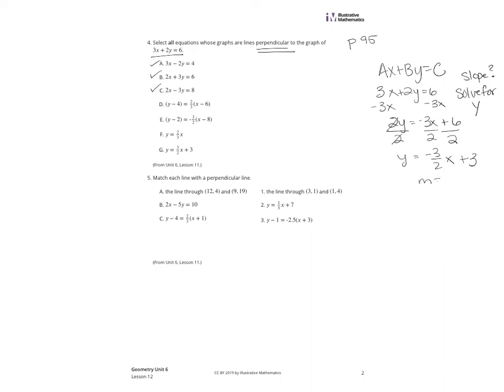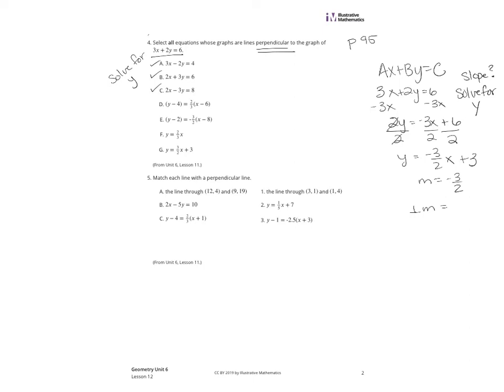So I know my slope is -3/2. I can now figure out my perpendicular slope, and I can use it to come over here and start circling all the choices that have my perpendicular slope. I am, for A, B, and C, going to have to solve for y. Please finish up this number 4 as part of what you're going to be posting in Google Classroom.